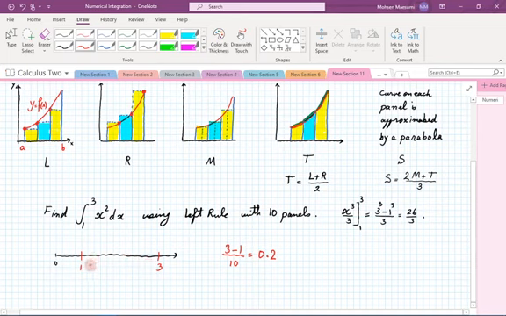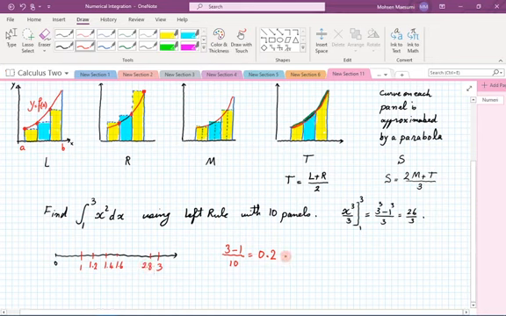So I go to say 1.2, and then I go to 1.4, and then 1.6, and so on, all the way. At the end, I'm going to have, say, 2.8. The last point is going to be 3.